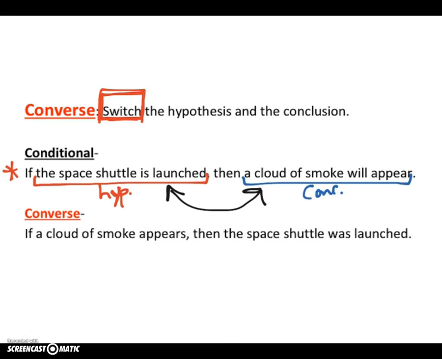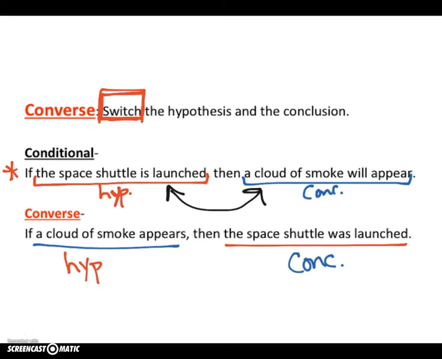And when we do that, we get the converse. So now it says, if a cloud of smoke appears, then the space shuttle was launched. So we swapped our hypothesis and our conclusion. In our new statement, this is now our hypothesis and this is now our conclusion, because if a cloud of smoke appears, that's with the if, then the space shuttle was launched, that's with the word then, so that's our new conclusion.